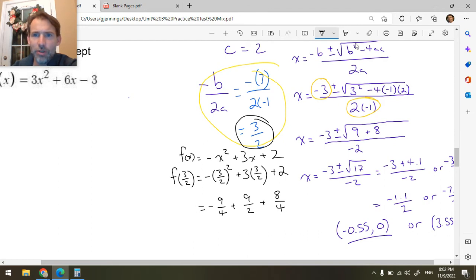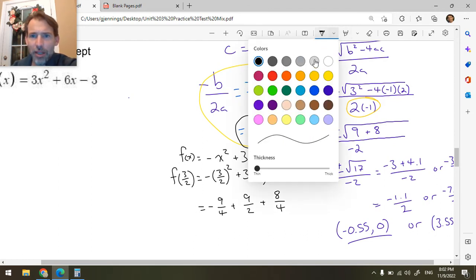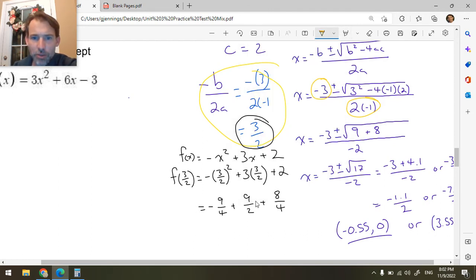And instead of writing 9 over 2, I'm going to multiply that top and bottom by 2 to get my common denominator. You'll notice that's the same thing I did to the number 2. I multiplied it top and bottom by 4, and that created 8 over 4. Now I can add this up. -9 plus 18 plus 8 is a positive 17 over 4.